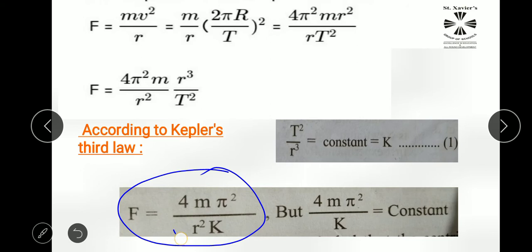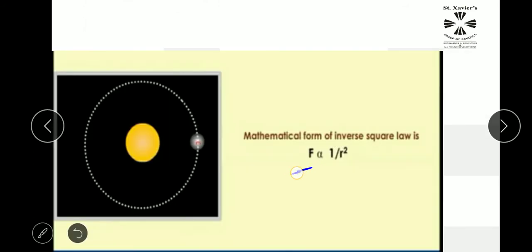In this equation, when you see, except r square, all the rest are constant, students. So it can be said that F is inversely proportional to r square.